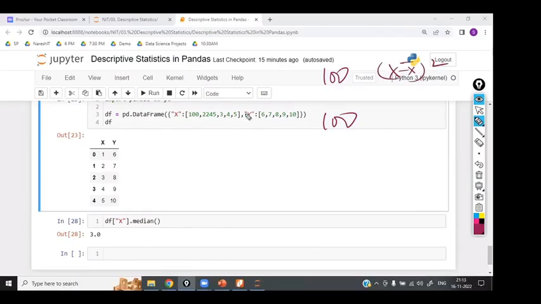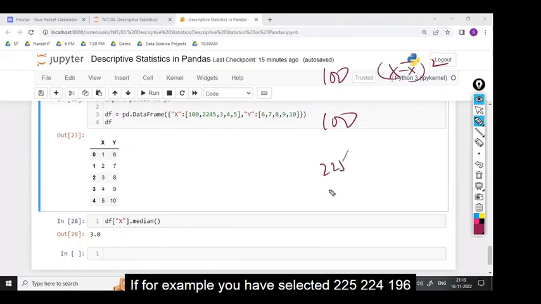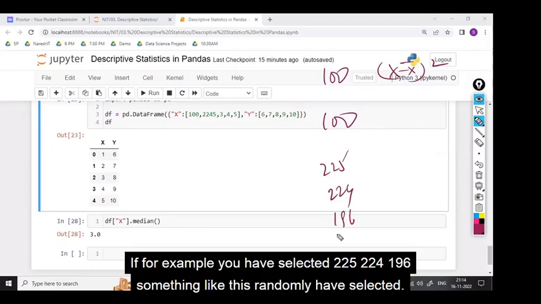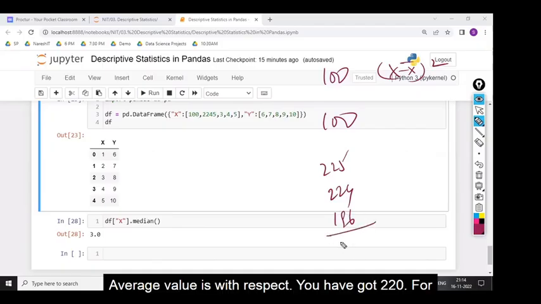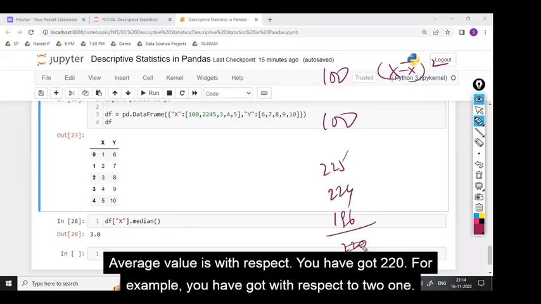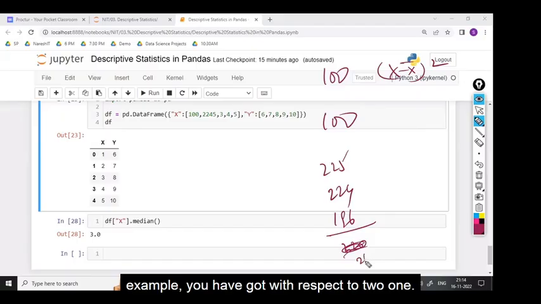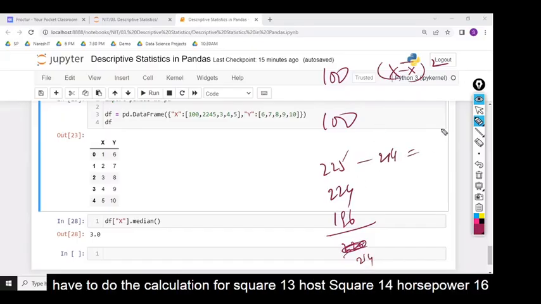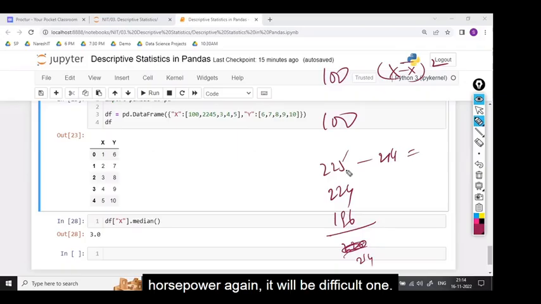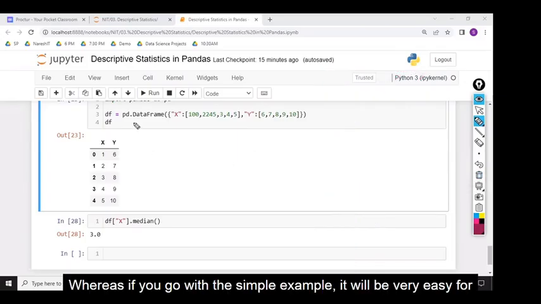If for example you have randomly selected 225, 224, 196, something like this, and the average value you have got is 220, then again you have to do the calculation whole square, 13 whole square, 14 whole square, 16 whole square. Again, it will be a difficult one. Whereas if you go with a simple example, it will be very easy for calculation.